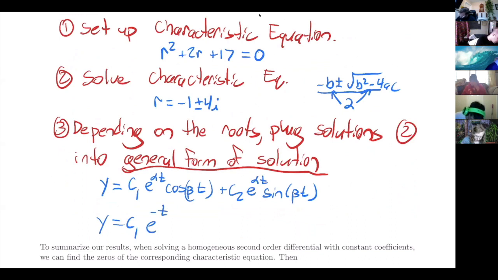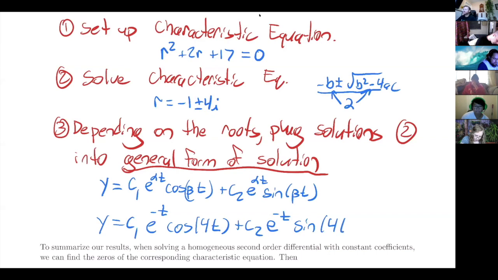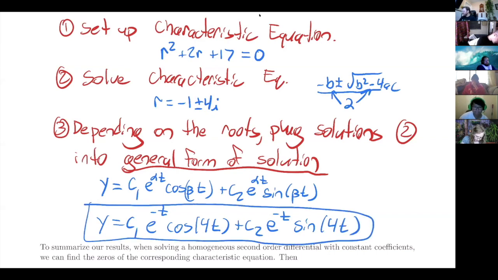That's really important. The value for beta in this case is 4. And that would be our general solution.